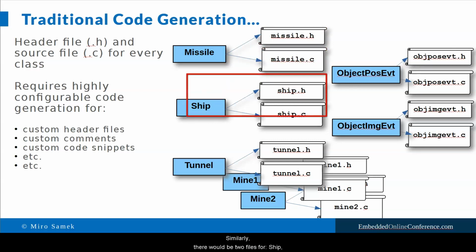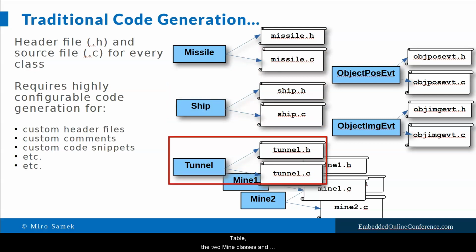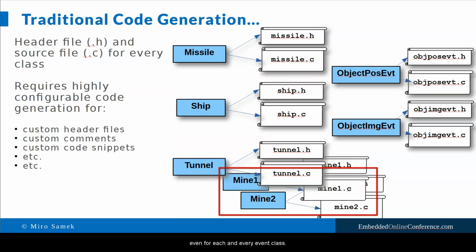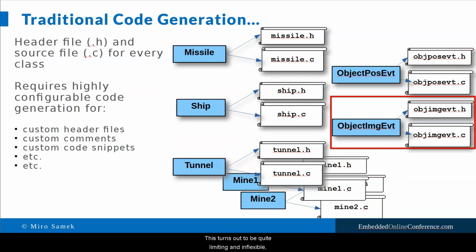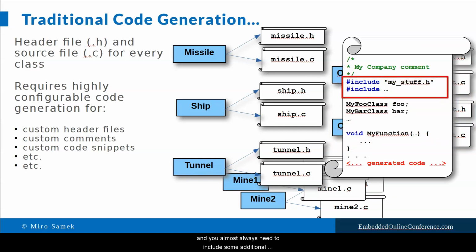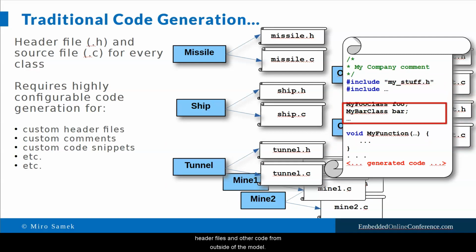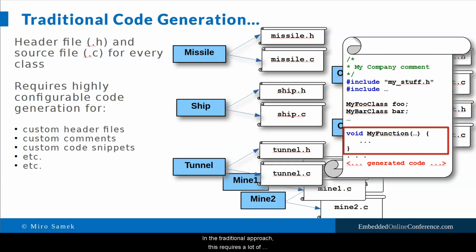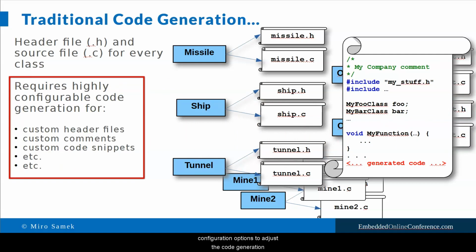Similarly, there would be two files for ship, table, the two mine classes, and even for each and every event class. This turns out to be quite limiting and inflexible because you often want to organize your code differently. And you almost always need to include some additional header files and other code from outside of the model. In the traditional approach, this requires a lot of configuration options to adjust the code generation to your specific needs.